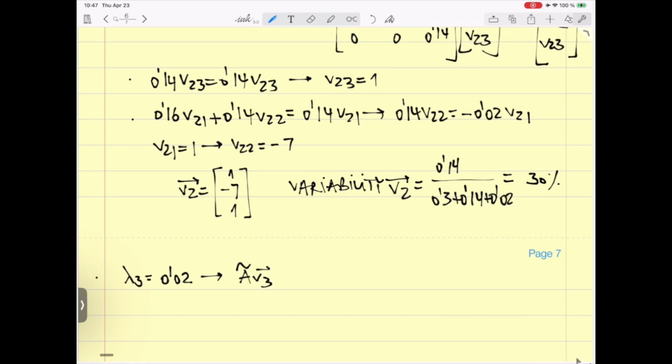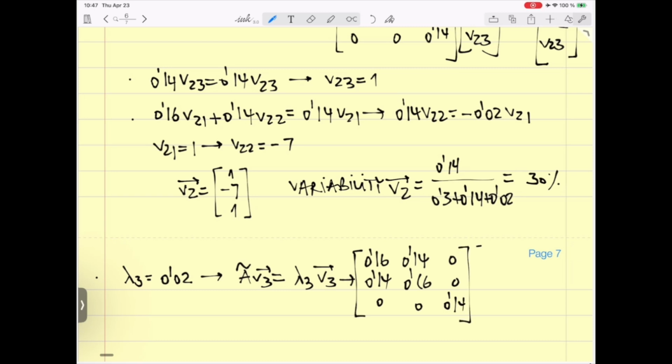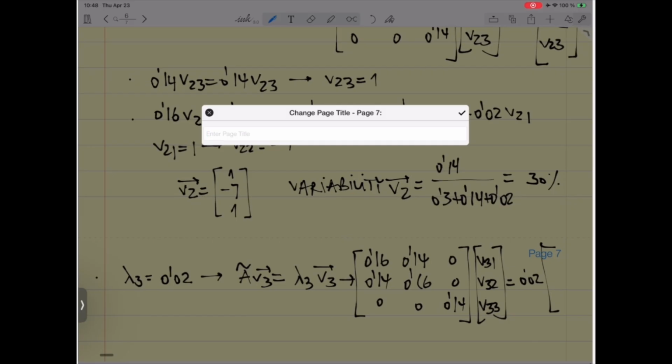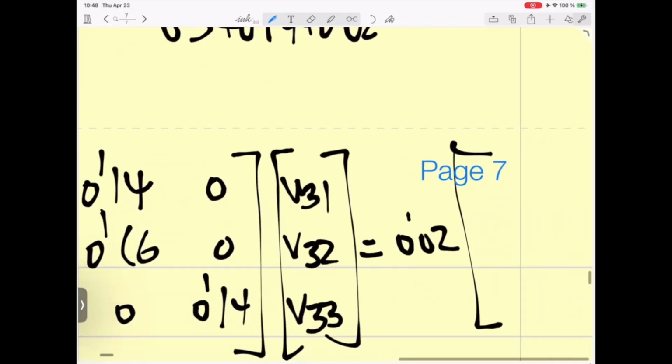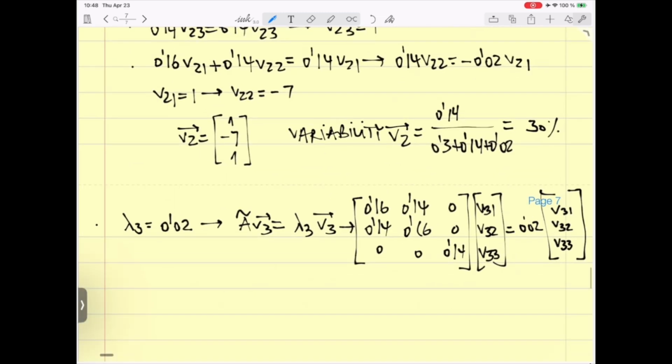A times V3 equals 0.02 V3, meaning, let me paint lambda 3. So this is 0.16, 0.14, 0, 0.14, 0.16, 0, 0, 0, 0.14, V31, V32, V33 equals 0.02 V31, V32, V33. Okay.